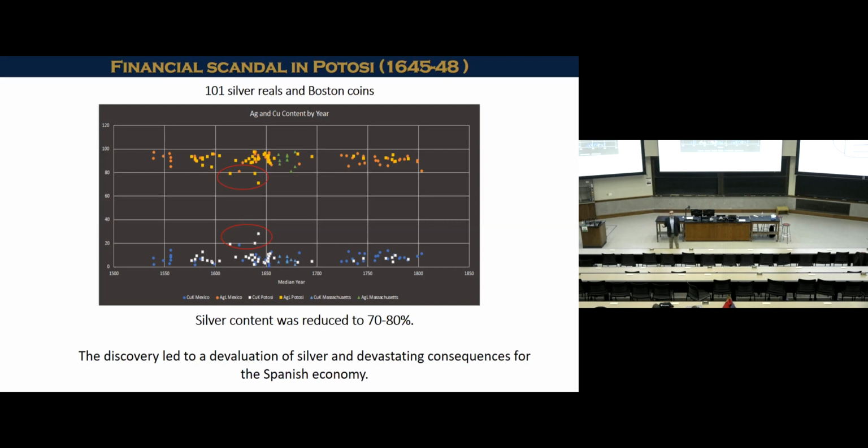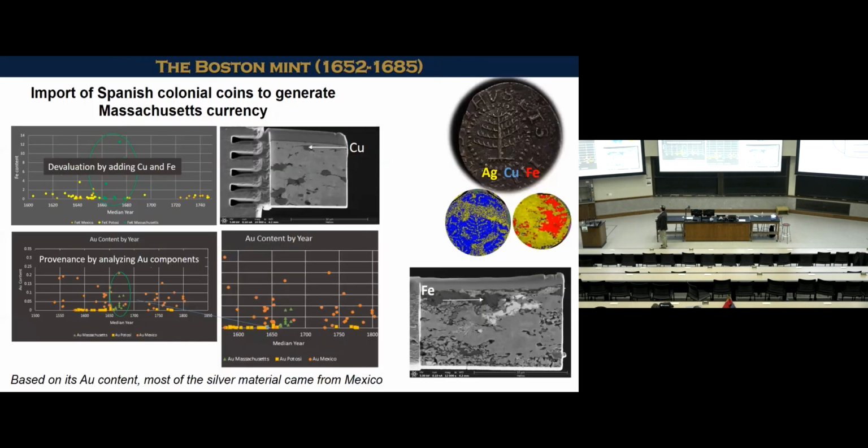Mint masters at Potosi deliberately added copper. They cheated the king, and they shipped those coins, crude metal, to Spain. When that was uncovered, it created a huge financial problem at the time. And then we can actually see that here on these specific coins, and the timing is really happening at that time period.